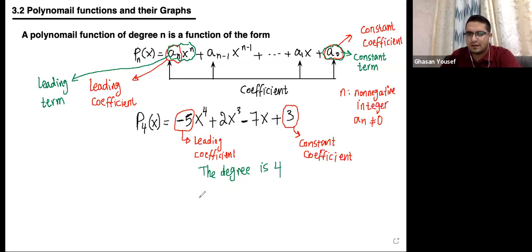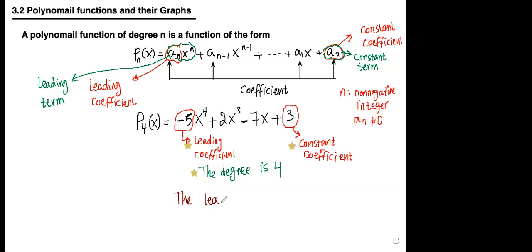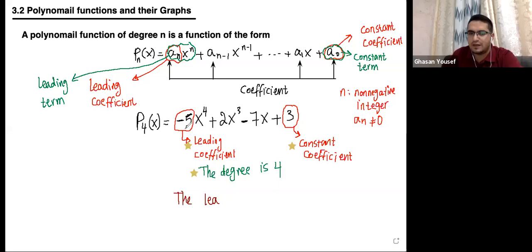Okay. What is the leading term here? x to the power 4. This is correct, but it's not x to the power 4 only. What is it? Negative 5x to the 4. Yes, exactly, with the negative 5. We have to multiply by the negative 5.